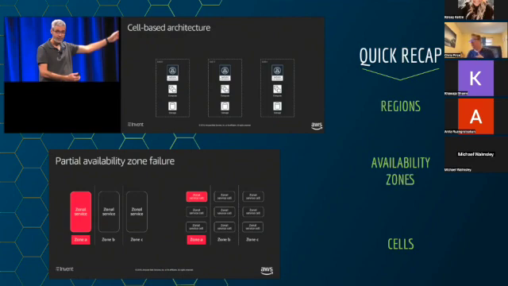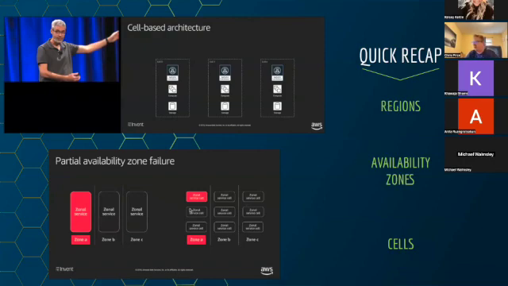And then if you have multiple cells, and there's a problem that causes an issue with one of them, it won't impact your traffic and your customers in one of the other cells. This is the same exact concept as what AWS is talking about with regions and availability zones, but it's a unit that you can make decisions about and control yourself in terms of how you want to maximize your availability.